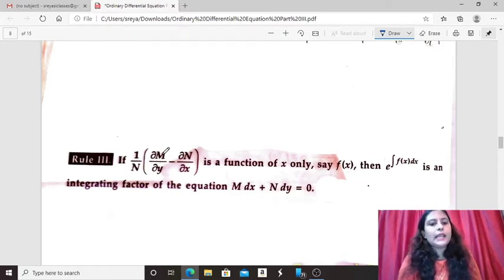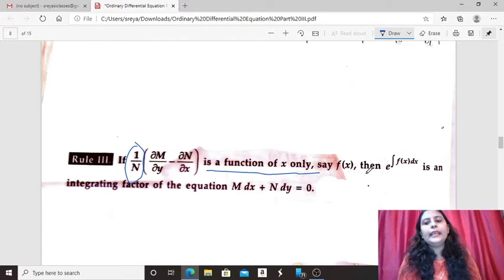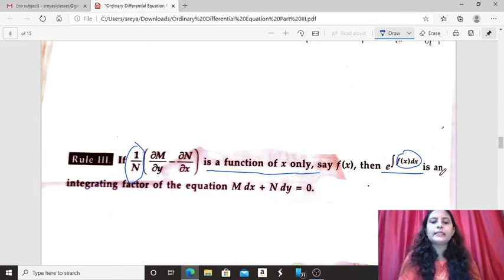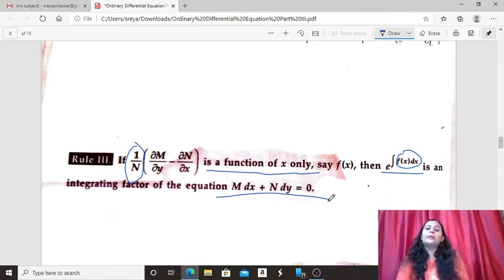Now, if we see that (∂M/∂y − ∂N/∂x) into 1/N, that is the second coefficient, is a function of only x, no other term, then we can say that e to the power ∫f(x) dx, where f is a function solely of x, is an integrating factor of the equation M dx + N dy = 0.